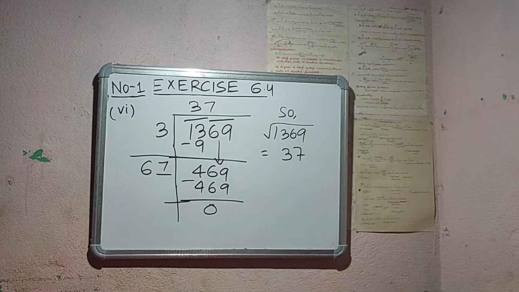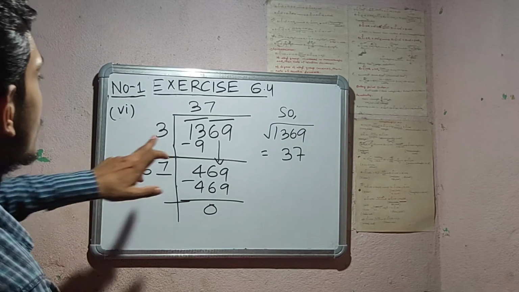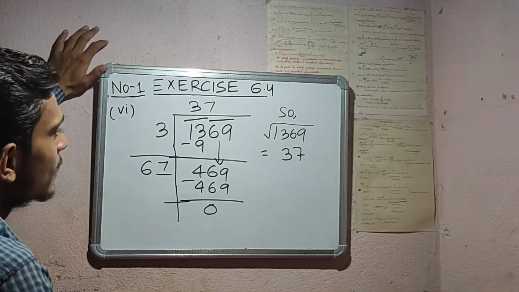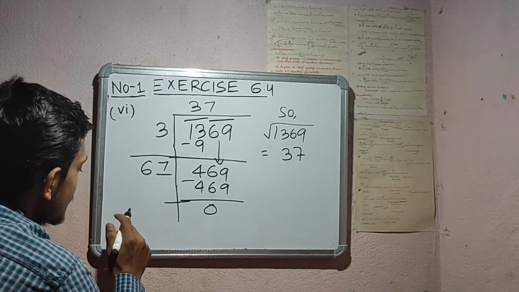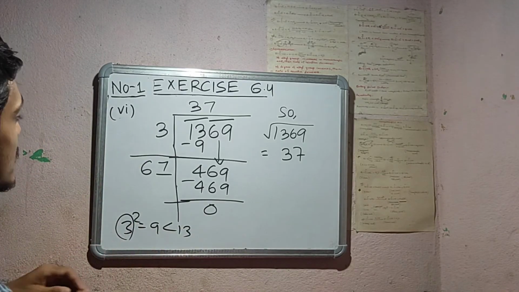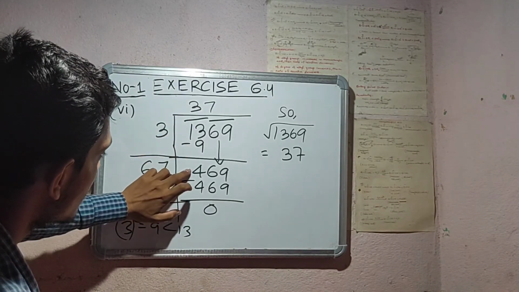So the next bit is bit number 6, that is 1369. From the right side I place a bar first, then 13, that is 3 squared is 9, that is less than 13. So I have taken 3 as the first divisor, that is 3 3s are 9. Then the remainder will be 4.